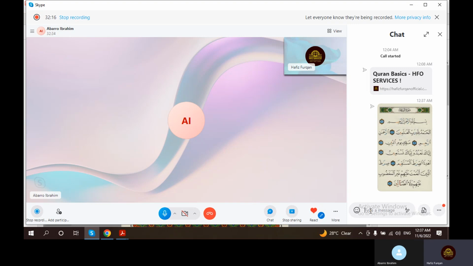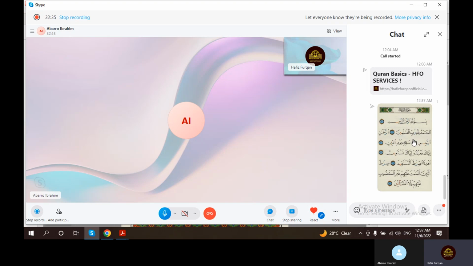Wherever we read Hamzatul Wasl, mark in green, and where we don't read it, mark in red. Same with Lam at-Tarif: wherever you read it, mark in green, and where we don't read, mark in red.